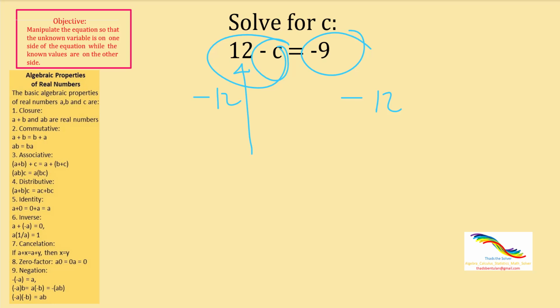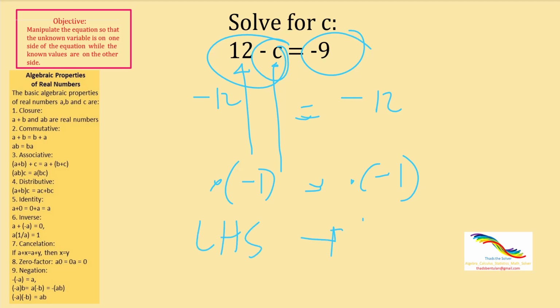Then you'll be left with negative C. To make it a positive C, you multiply by negative 1, and you also multiply the right hand side by negative 1. Whatever you do on the left hand side of the equation, you also do to the right hand side.